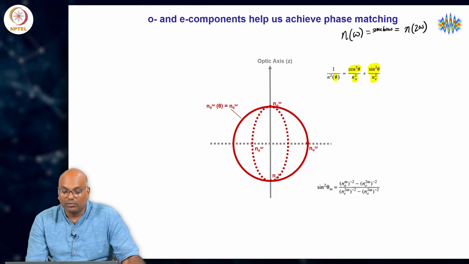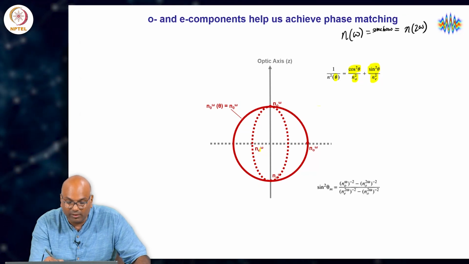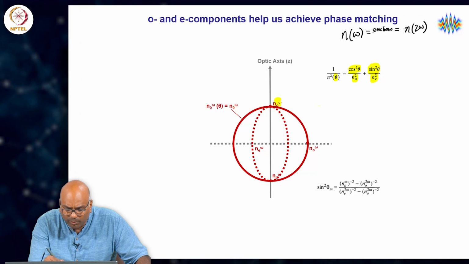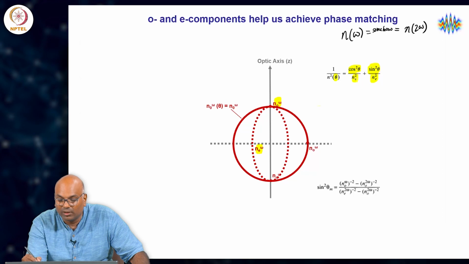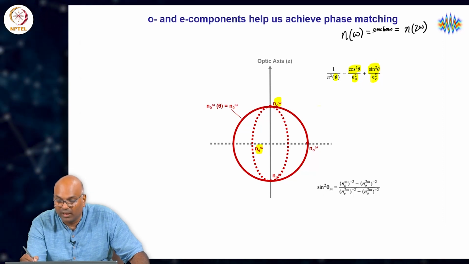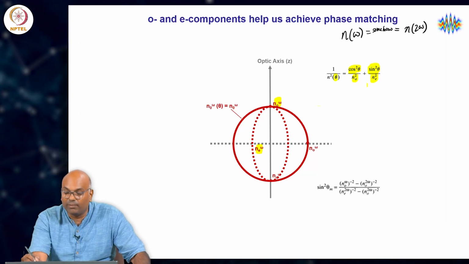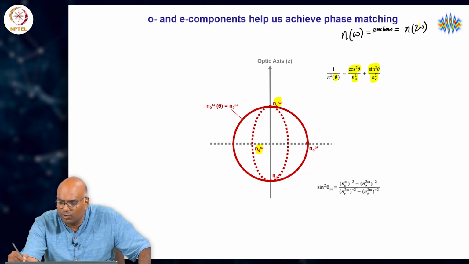Now, this Ne at omega and No at omega mark or define the system. These two values, No and Ne, are what define everything at a given frequency omega. Now, let us ask the question about what happens to the same at the frequency 2 omega.